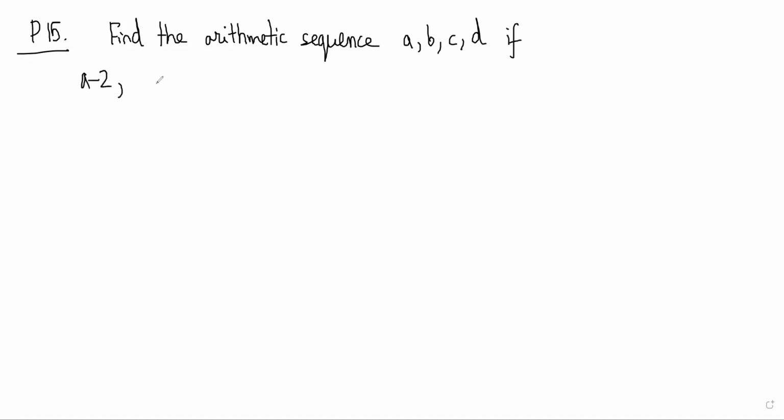In this question, we have to find the arithmetic sequence A, B, C, D if A minus 2, B minus 4, C minus 3, and D plus 2 is a geometric sequence.